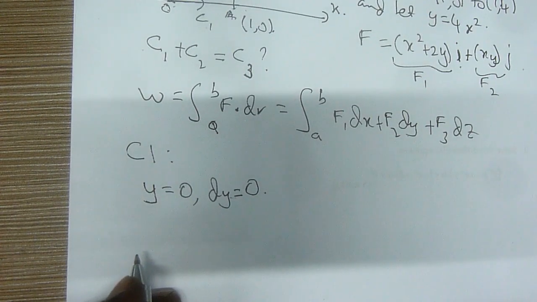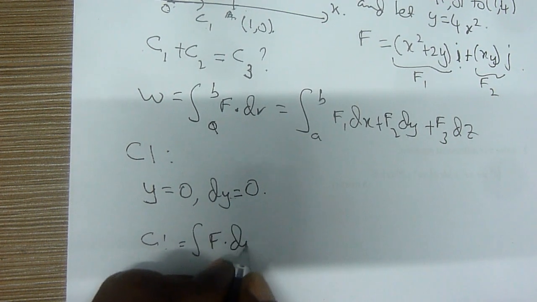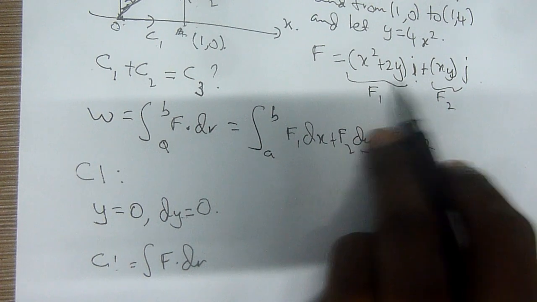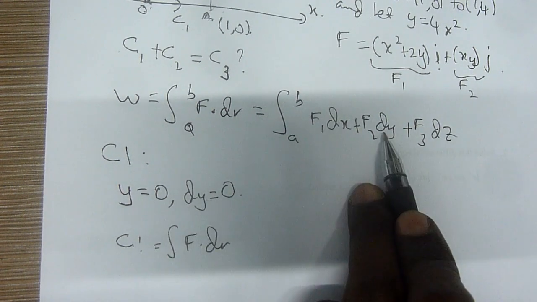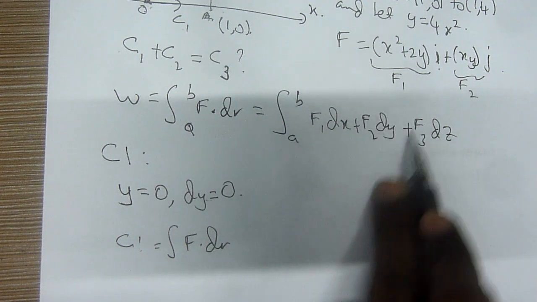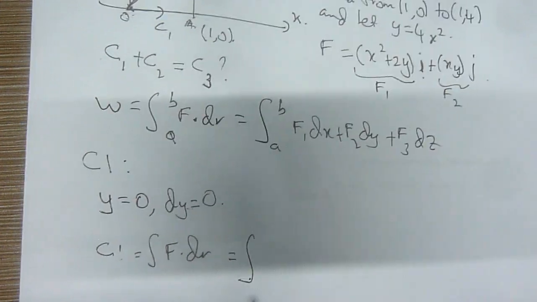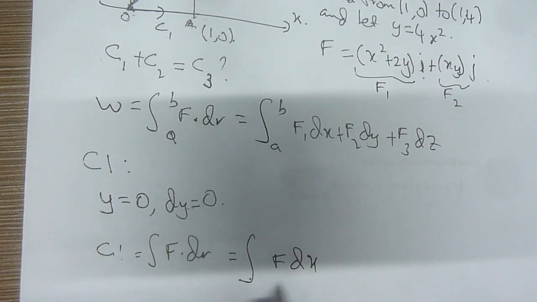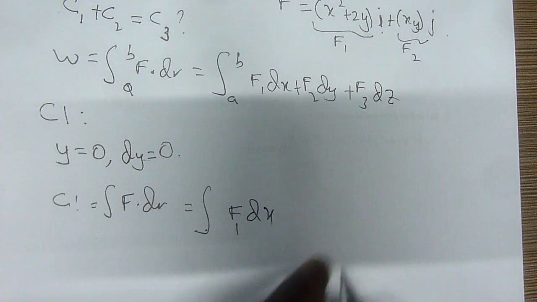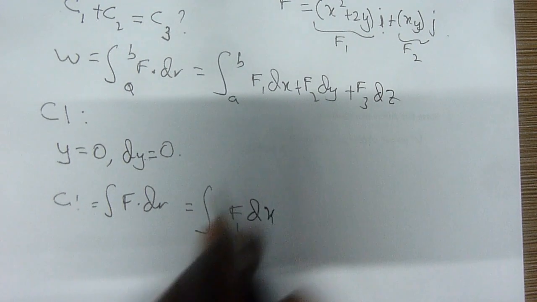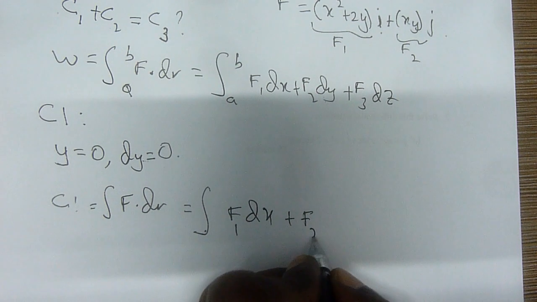Now in order to calculate C1, which is F dot dr, which combination can we use? This combination, right? But now we know dy is 0, therefore this whole thing becomes 0. It gets back to the formula where only F1 dx is retained. Because this one is 0, we are not going to use this. Again, I repeat to you, F1, F2 exists with dy.